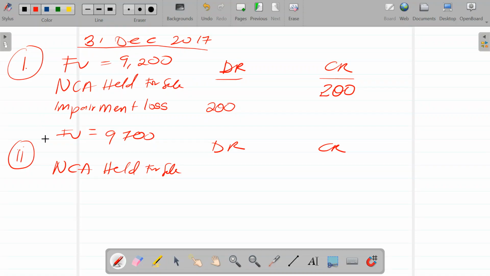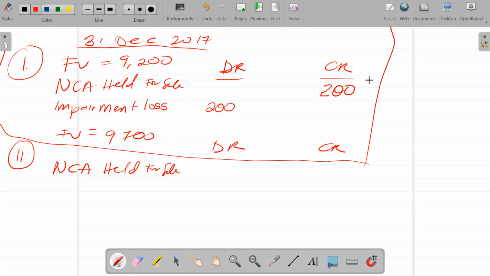So these are distinct scenarios. We are still applying the 9,500. I thought we were carrying over the carrying amount year to year.